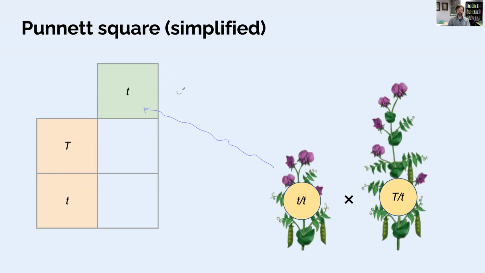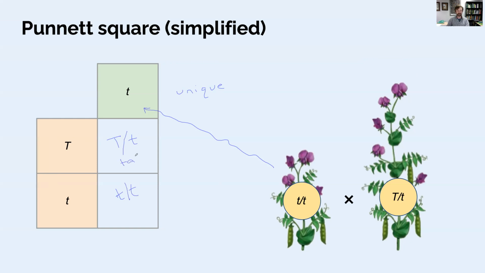So this is a word I'm going to use a lot: unique kinds of gametes. So there's only one unique kind of gamete that the dwarf parent can make. The tall parent is heterozygous, can give us two different kinds of gametes. And so we can solve that just like we've done before. Half chance, so half of the possible squares are big T, little t, and half of the possible squares are little t, little t.